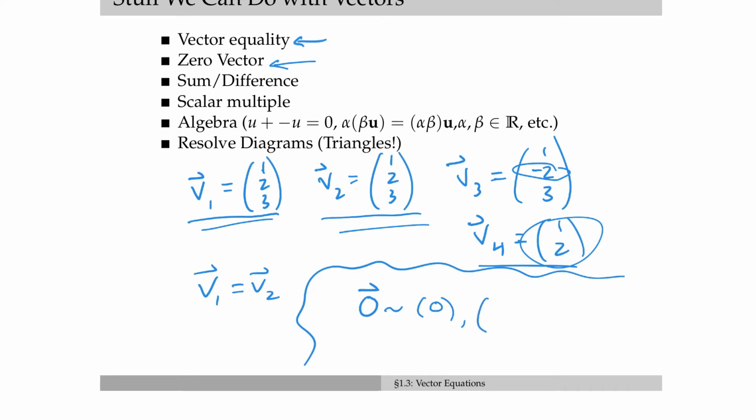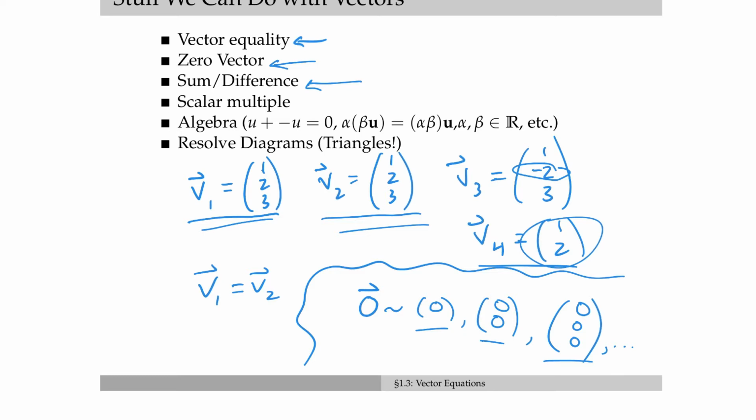If I'm in 2 dimensions, that's 2 zeros. If I'm in 3 dimensions, that's 3 zeros, and I could do this all day. So just work under the assumption that it will be clear from the context which 0 vector I'm referencing. So don't sweat that. Next up, the sum and difference of vectors.